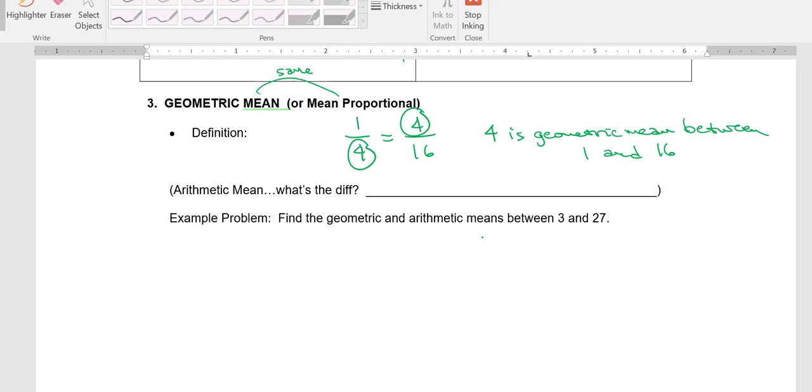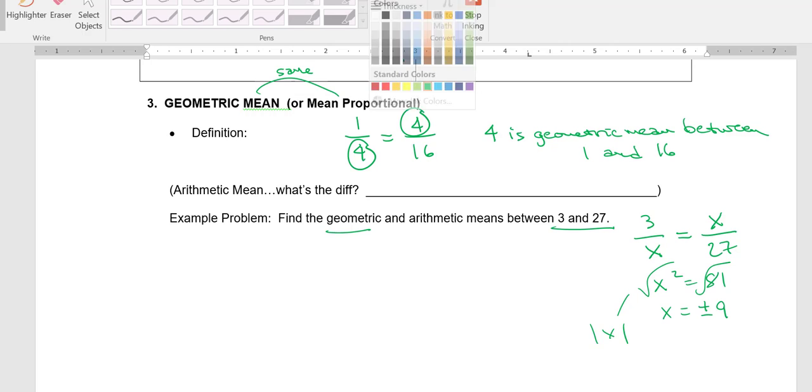So if I wanted to find the geometric mean between 3 and 27, I would set it up like this. I would say 3 is to x, that's the geometric mean we're looking for, is equal to x over 27, and then I would solve for x. So x squared equals 81, x is equal to plus or minus 9. Keep in mind that when we square root both sides here, you end up with the absolute value of x for the square root of x squared.